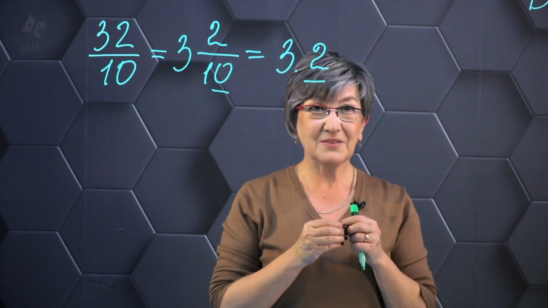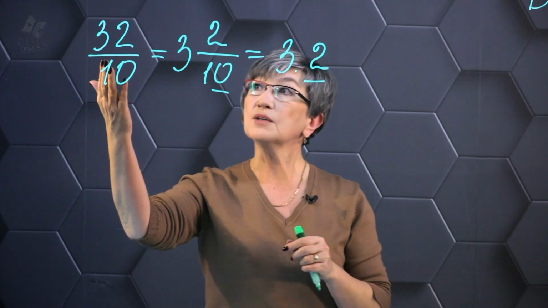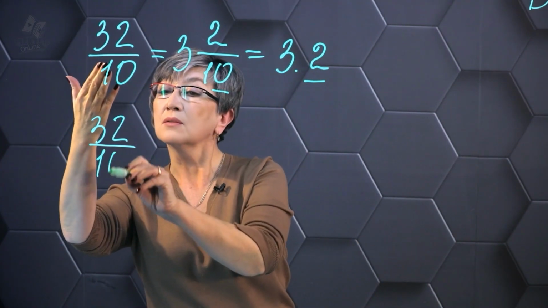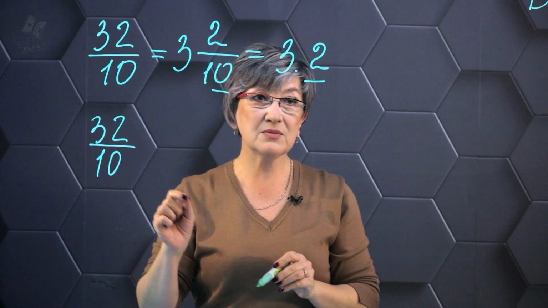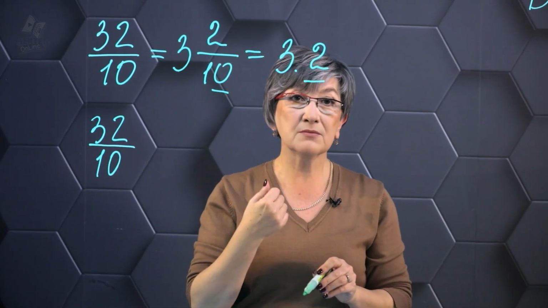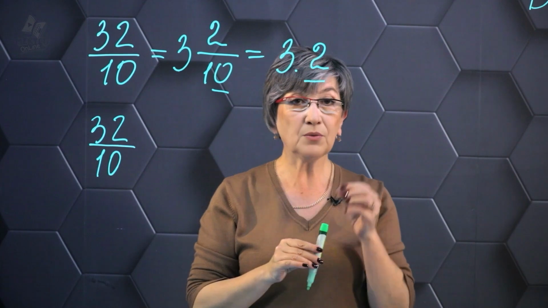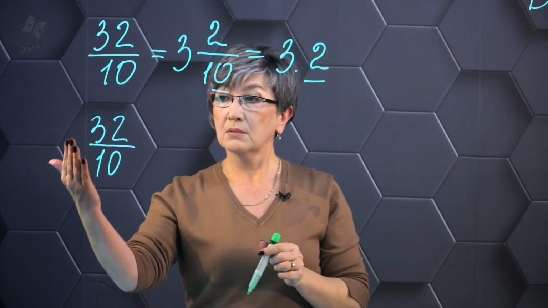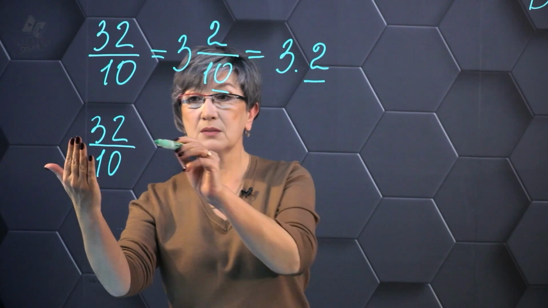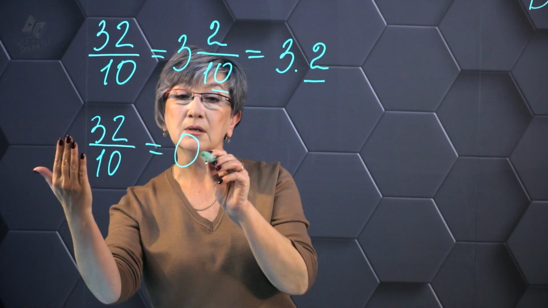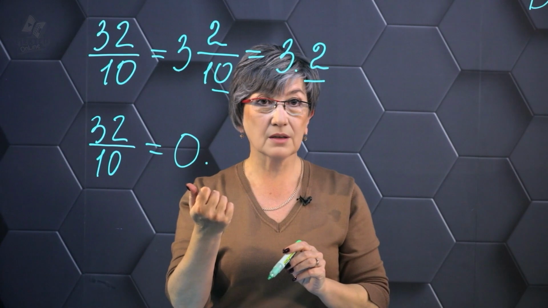Now guys, let's answer the question, why can't I immediately convert the fraction 32 tenths, that is, the improper fraction, into a decimal fraction? The thing is that according to the rules, I have to write down the whole part first. There's no whole part, so I'll write 0 point and separate the whole part with our point.